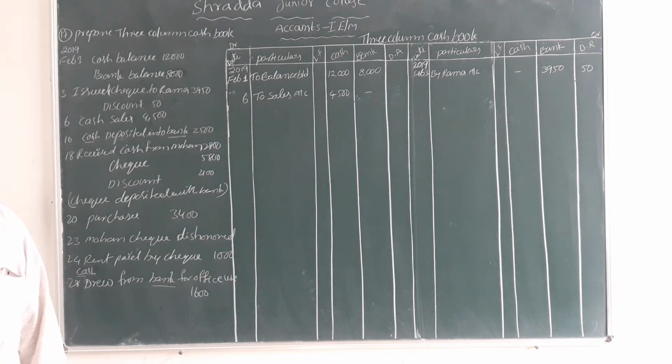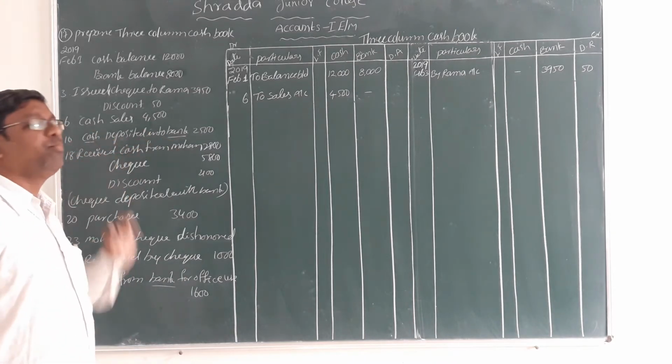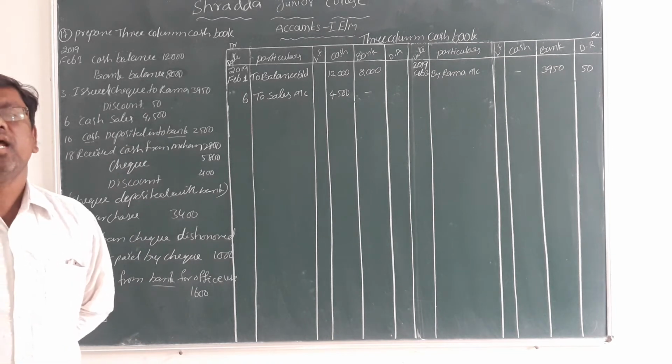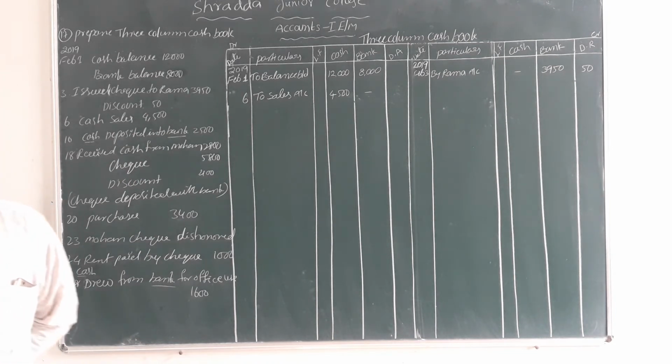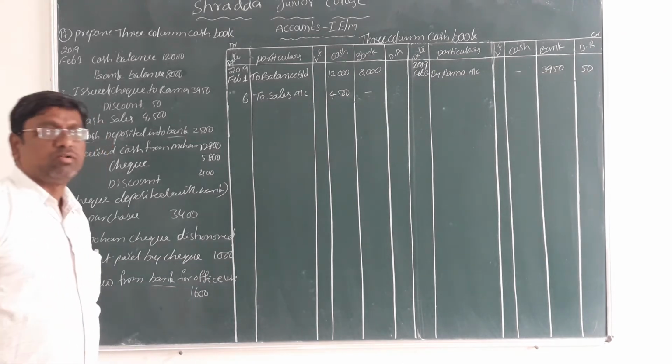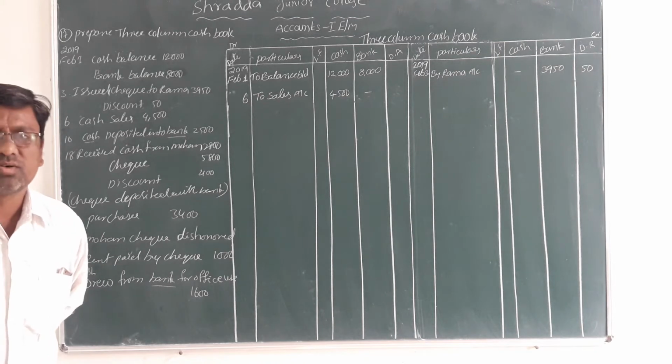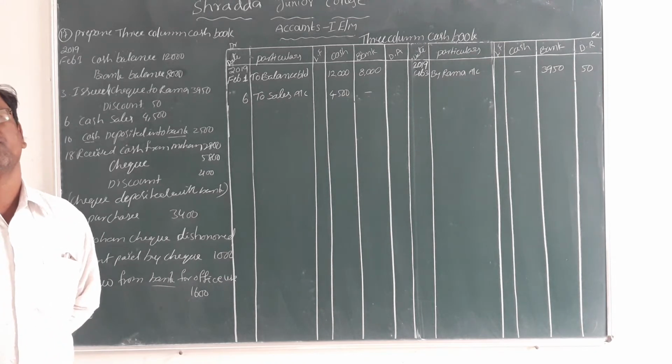First of all, we understand now. First we write the general entry. Cash deposited into bank. Who is the receiver? Bank is the receiver, isn't it? Then cash goes out from the business. All receivers go to debit. All givers go to credit.